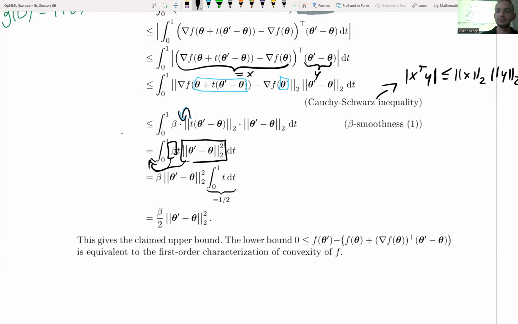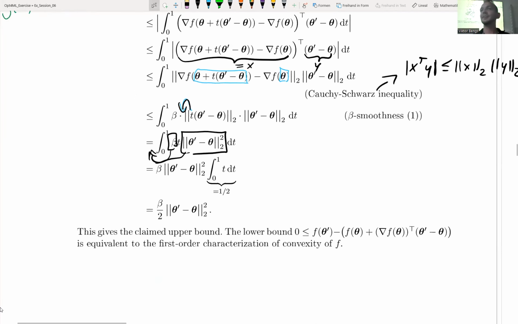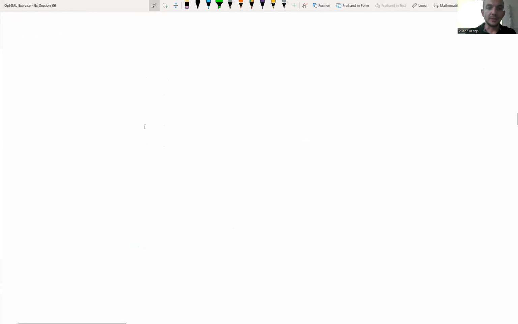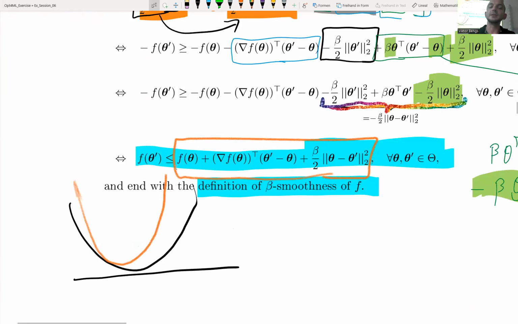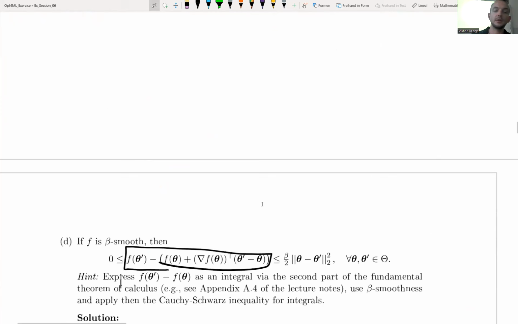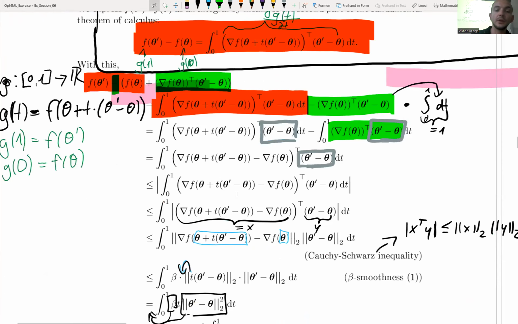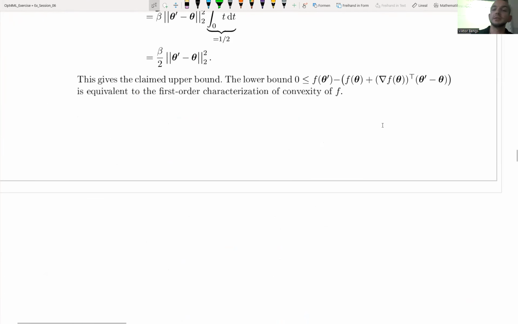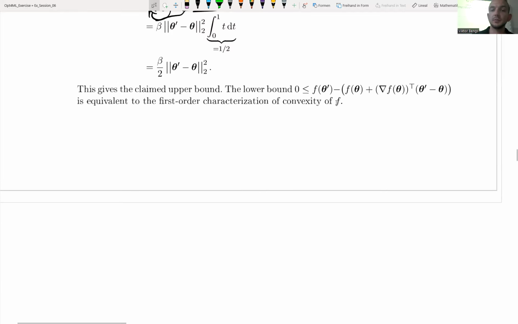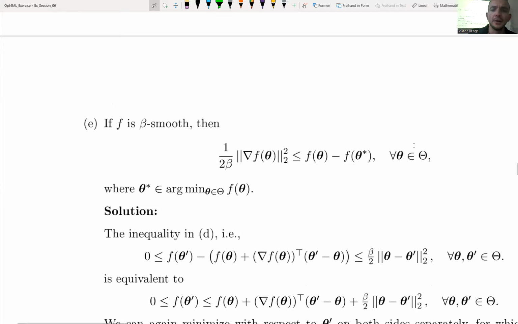Yeah, so you see this was a bit tricky, but now we finally have a proof to use without a bad conscience this definition, or we can also quite conveniently always use this inequality if we talk about a beta smooth function, where again, the original definition is via Lipschitz continuity of the gradient. All right, well, the lower bound is quite obvious in this case, because we have convexity.